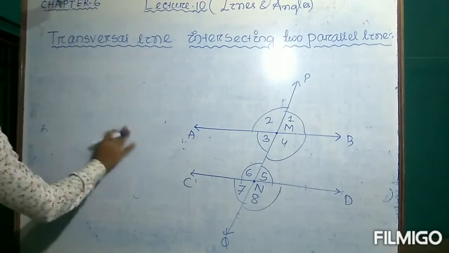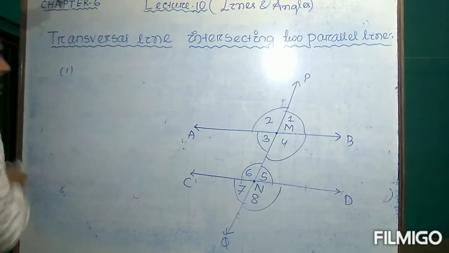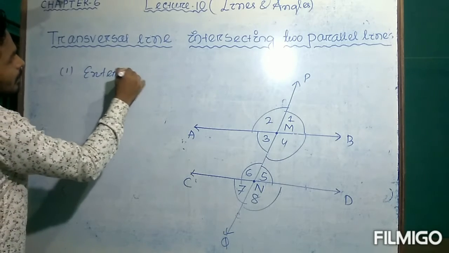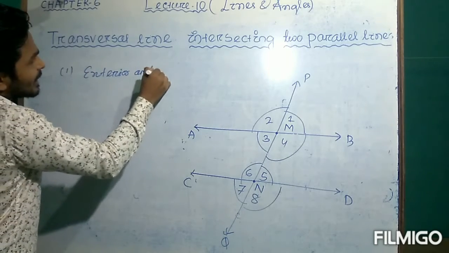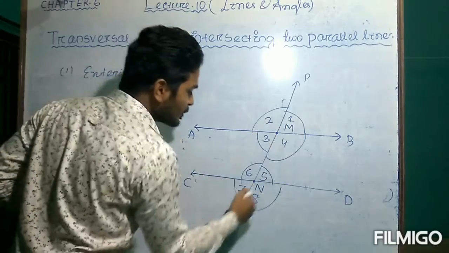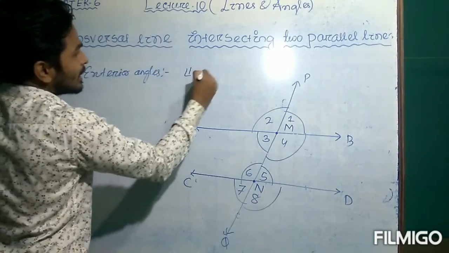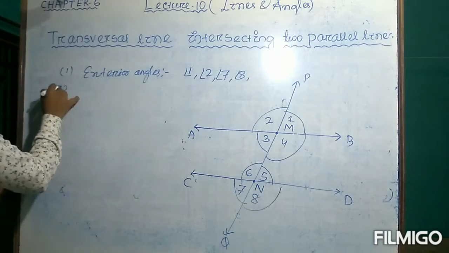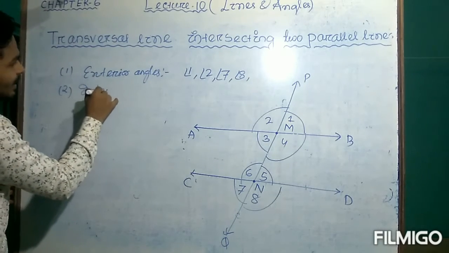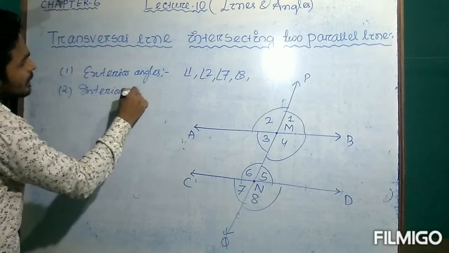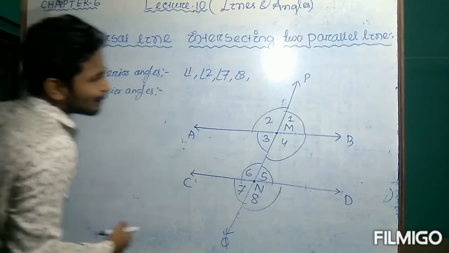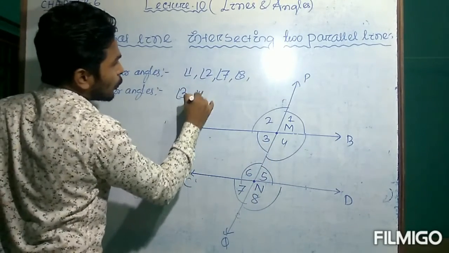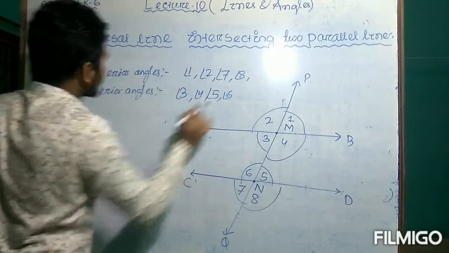The first type of angle is known as exterior angles. Here the exterior angles are 1, 2, 7, 8. Right? Then next is interior angles. The interior angles are 3, 4, 5, 6.